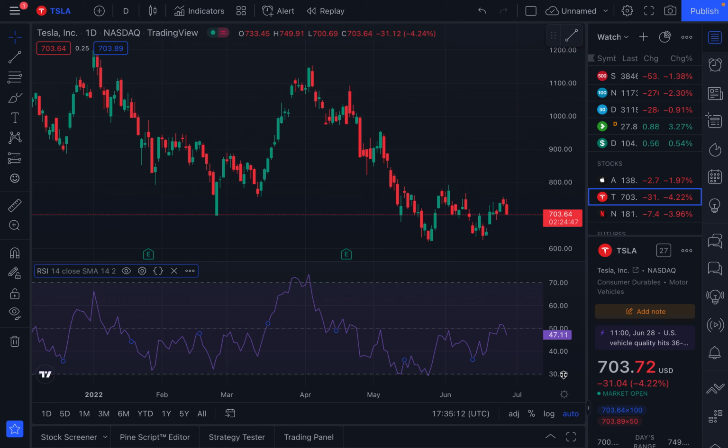An RSI reading of 30 or below potentially indicates that a stock has become oversold or undervalued and that it might start rising back up. For example, Tesla was a little bit under 30 right here on May 24th, maybe around 29 or so. So under 30 can suggest that a stock is oversold or undervalued.